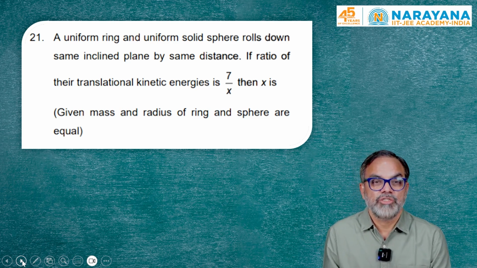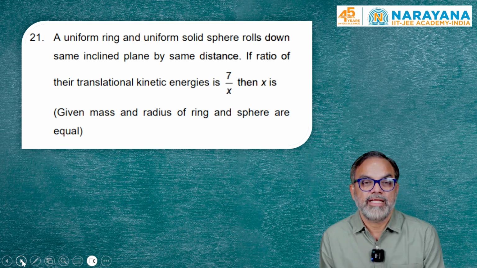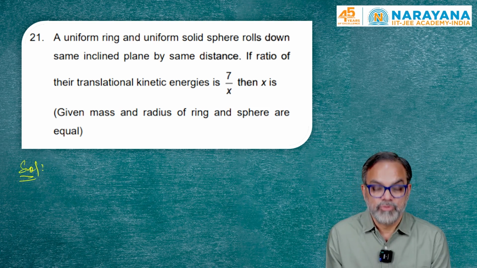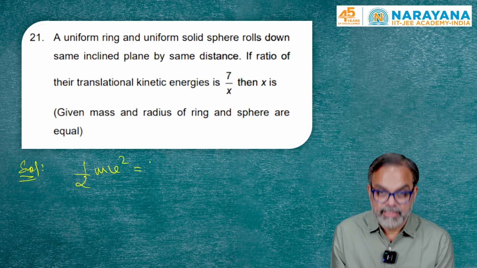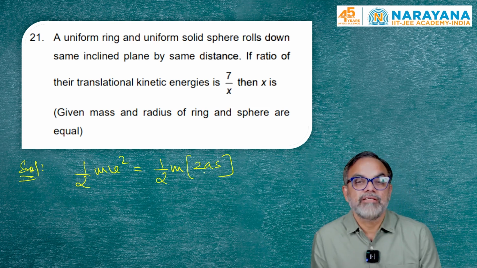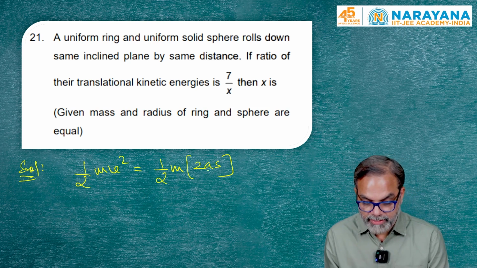If the ratio of their translational kinetic energies is 7 by x, then x is. So here we have to write it like this: half mv square, change in kinetic energy, right? So I can write this as half m, and this I can write as 2as. Initial velocity is 0.